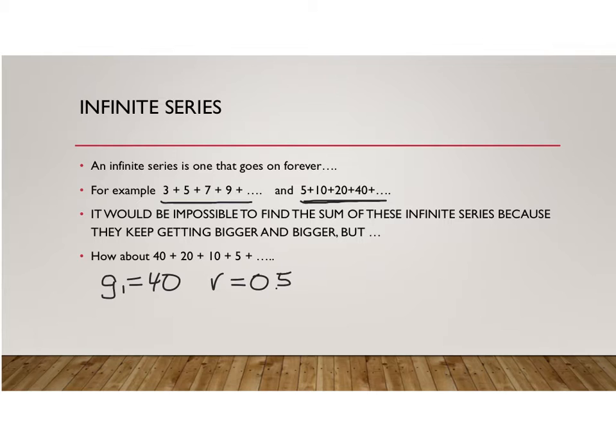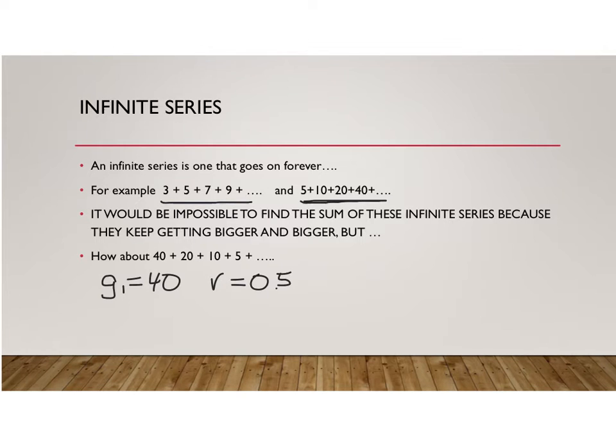So this would be like standing away from a wall that's 80 feet away, and if you keep going half the distance each time you walk, you'd go 40 feet the first time, and then 20, and then 10, and then 5, then 2.5, then 1.25. You would never get there. Basically, you'd get really, really close, but never get there because you're only going half the distance.